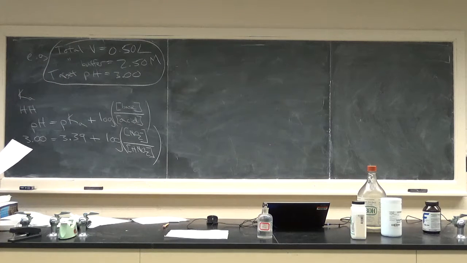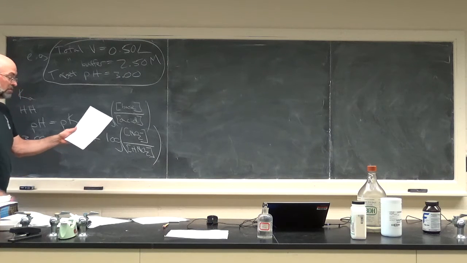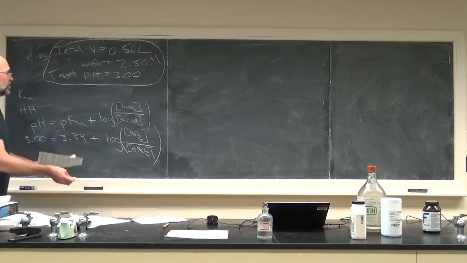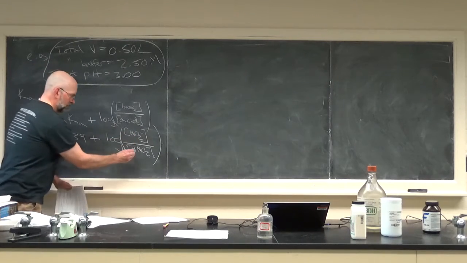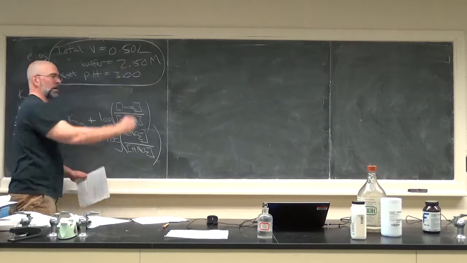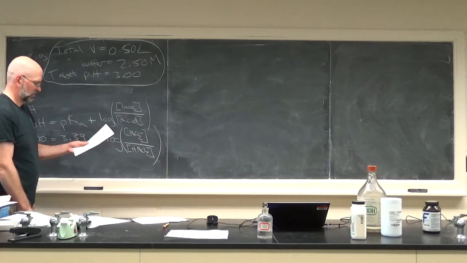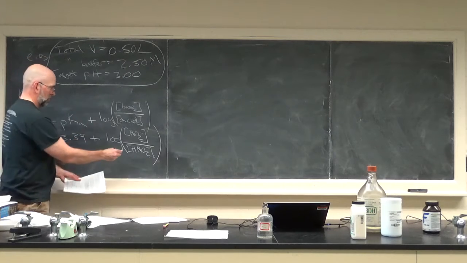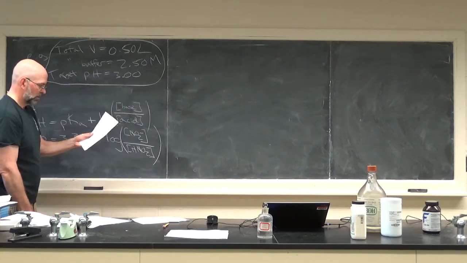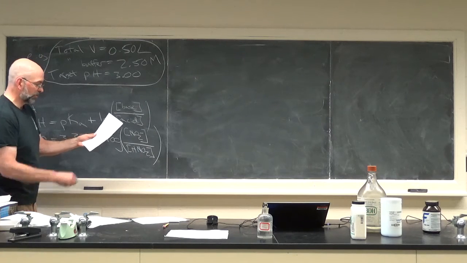So what do we do? Okay, I'm just doing the math. The procedure says that the concentration of the acid plus the concentration of the base has to add up to the total buffer concentration. So this plus this has to equal 2.50 molar. Well, now we have two equations, we can do a substitution.